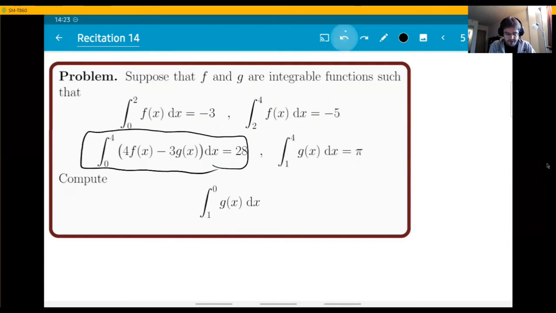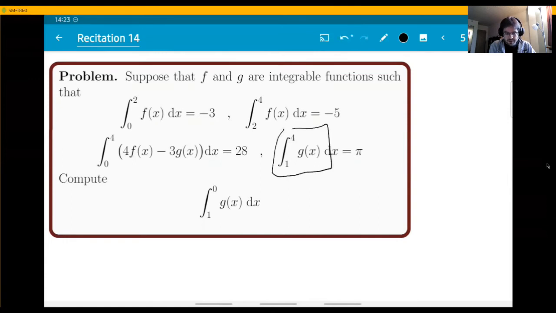Because we just discovered the integral of f from 0 to 4, you're going to be able to find it for g from 0 to 4. And then finally, they give you g from 1 to 4. Together with what we already discovered, that should be able to give you g from 0 to 1. That's the pathway to finding this.